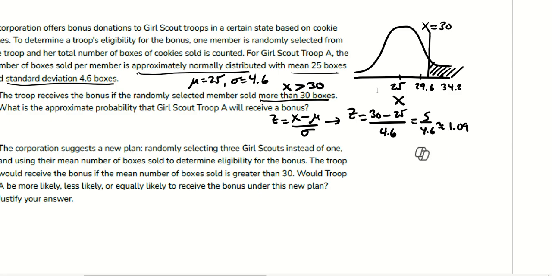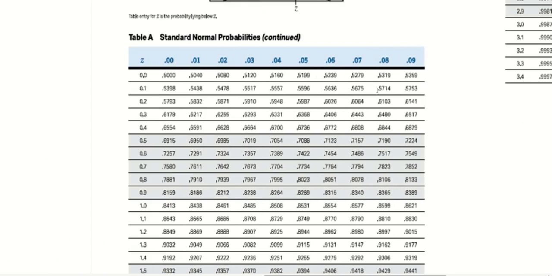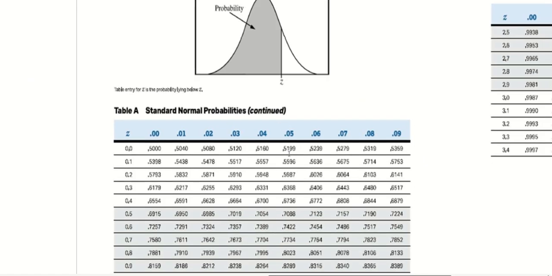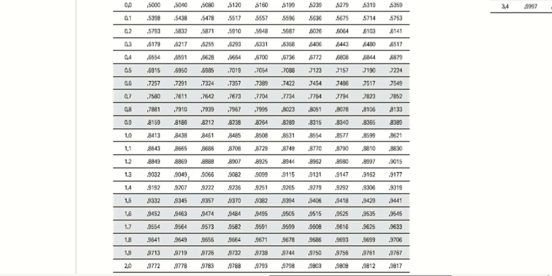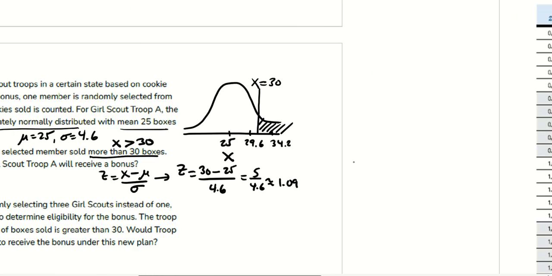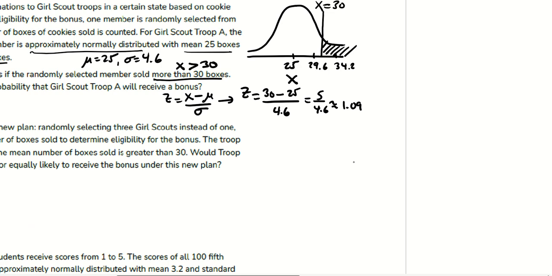Now we're going to go to our table. Remember, it gives you the area to the left, so if I want the area to the right, I have to subtract from 1. Looking at 1.09, the area is 0.8621, and then I subtract that from 1.